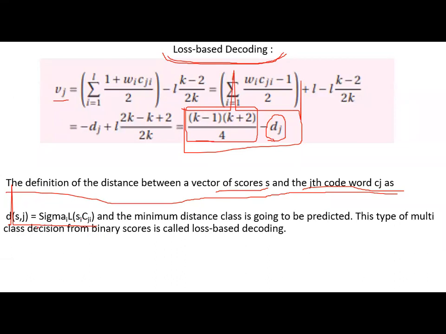There is no new thing here, and the minimum distance class is going to be predicted. This type of multi-class decision from binary scores is called loss-based decoding.